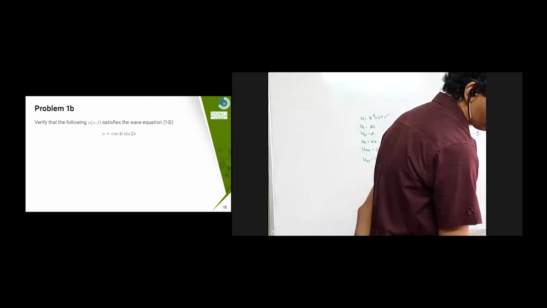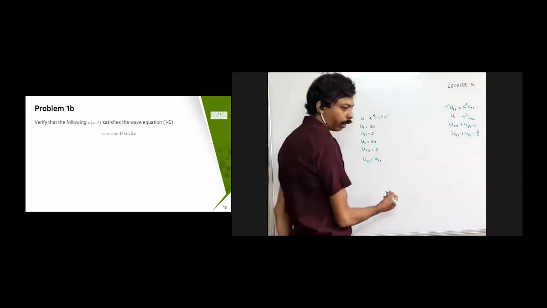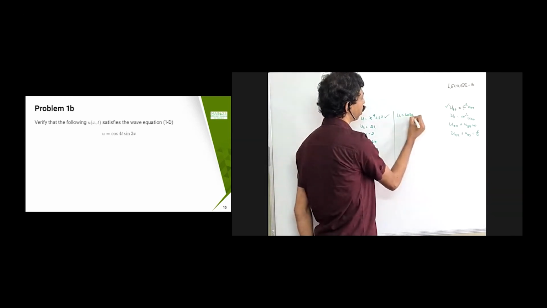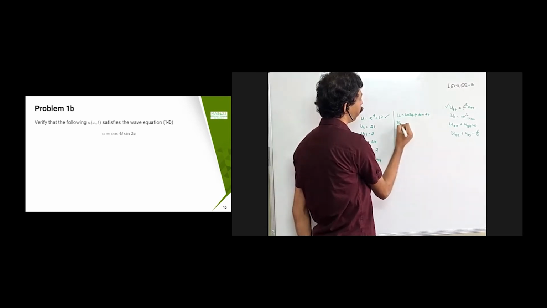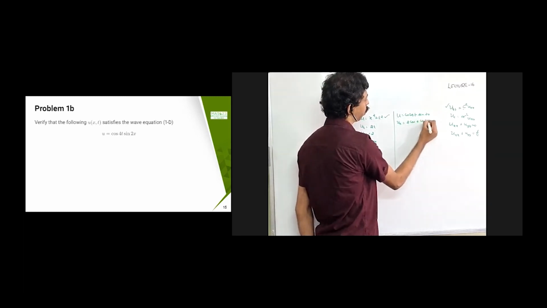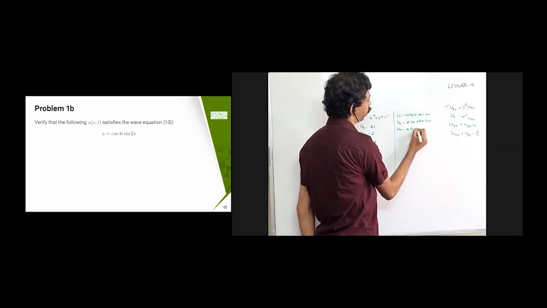Now, the second one. Let's see whether this satisfies it or not. Again, this is the wave equation. So u equal to cos 4t sin 2x. Let us verify that. So ux is going to become cos 4t cos 2x times 2, and uxx is going to become minus 4 cos 4t sin 2x.